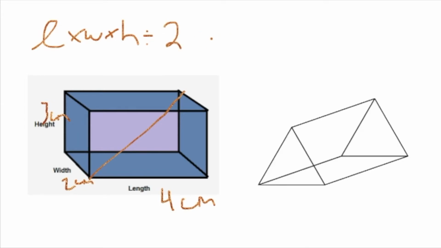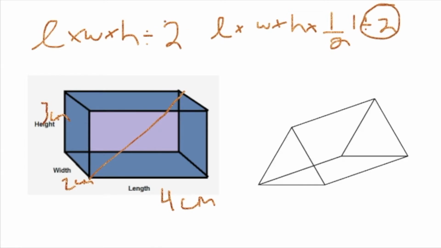You might also see this written as length times width times height times 1/2. And it's the same thing, because I can write this as 1 divided by 2. So that's where I get the divided by 2 from. So this is the length and the width and the height, which would all be the same, and then I would just divide it by 2.